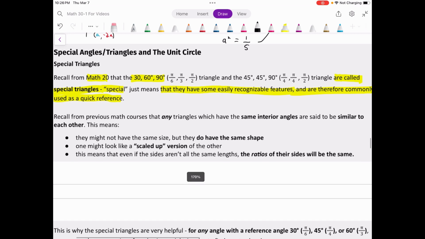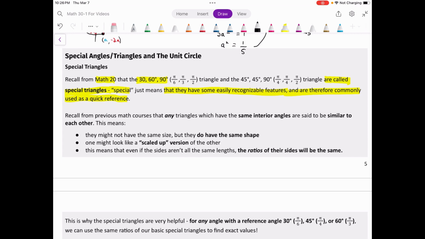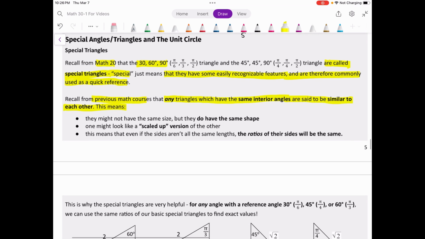Let's just talk about them a little bit before we look at them again. The reason they're so powerful: remember from previous math courses, any triangles which have the same interior angles are said to be similar to each other, right? We've talked about this a few times today. If this angle is 30 degrees, I could just as easily extend this and make a bigger triangle, and this angle would still be 30 degrees.